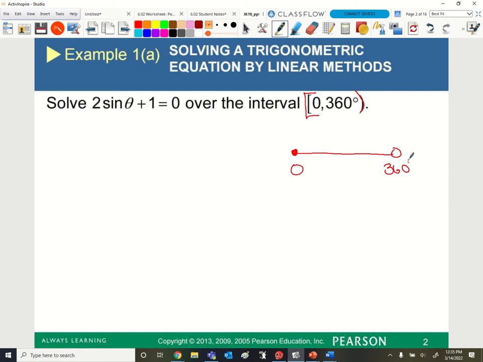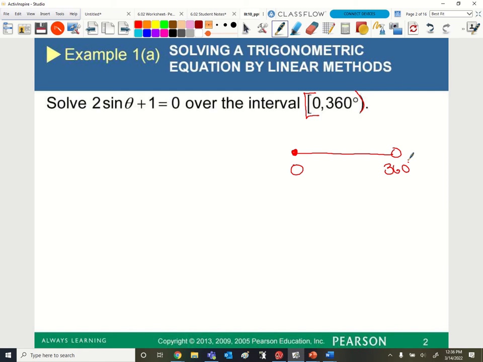Yes. That is a bracket, a closed dot, which means I am including that number. So everything from 0 to 360, but not 360. So 359.9 could be an answer. Does that make sense now? Is that a little bit better?